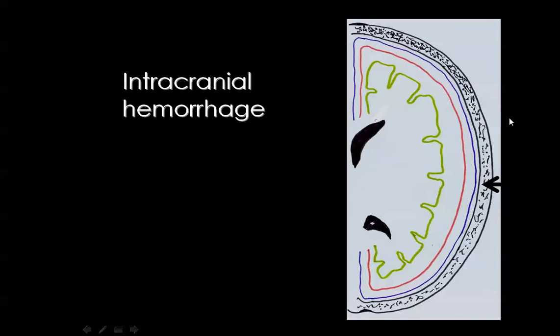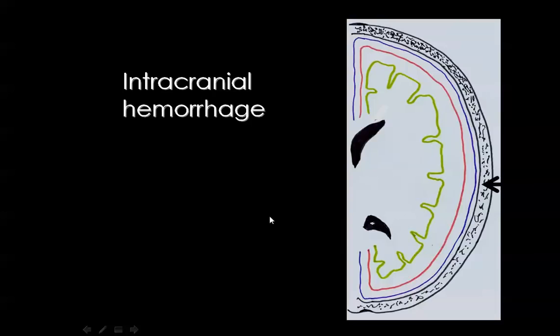Look at this drawing where you can see these are the calvarial bones in black color, and this yellow color, this blue color represents the dura, and this red color represents the site of the arachnoid membrane, and here is the pia mater adherent to the surface of the cerebral hemisphere.